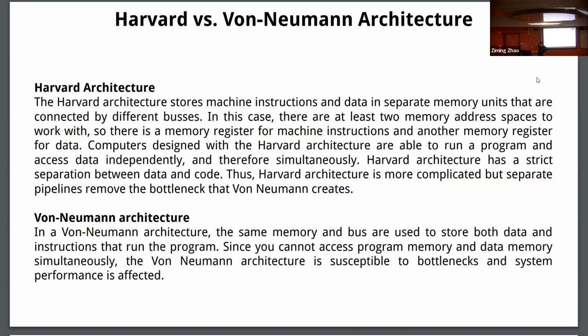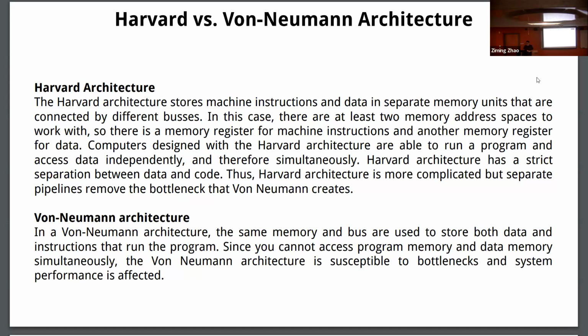Some of the computers are not. Some of the microcontrollers separate different regions. This region is only for code. This region is only for data. Of course, in our computers, we have .data section, we have .text section, but at the hardware layer, they are in memory, right? So the memory actually stores both data and instructions.